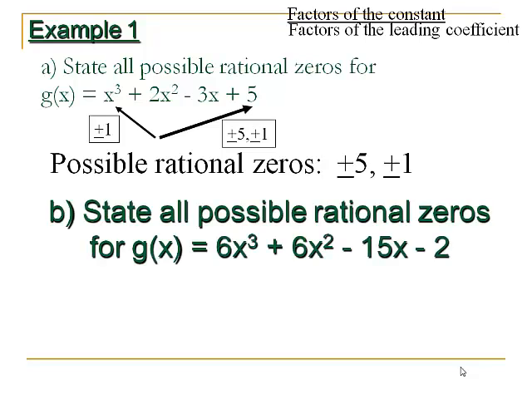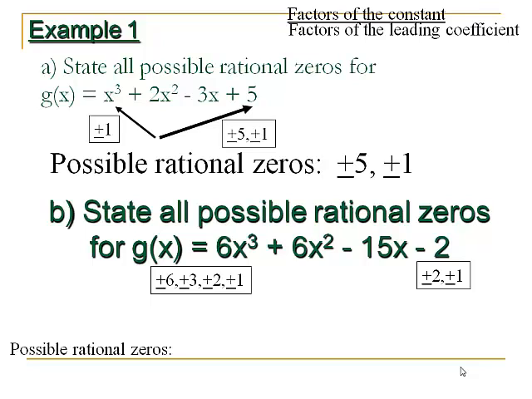Then, let's do another example. State all possible rational zeros for this one, 6x cubed. Based off of that, looking at 6 has possible factors 6, 3, 2, 1. 2 has possible ones of 1 and 2. Those are the factors of 2. Then the possible rational zeros of this polynomial would be all of the plus and minus 2 plus or minus 1 divided by all of the other ones.